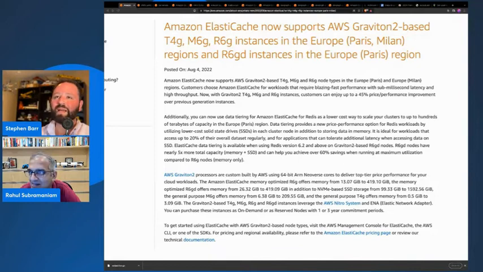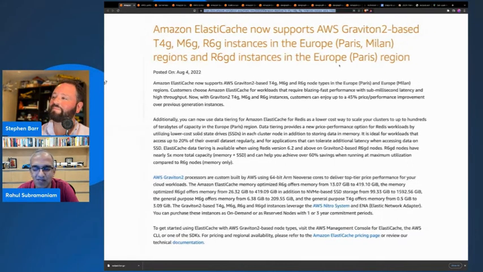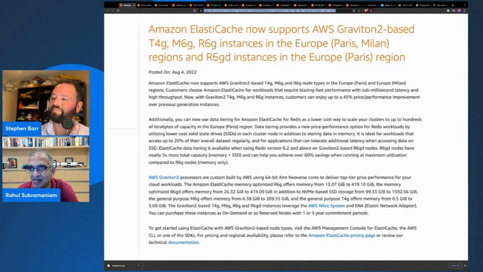The first one is Amazon ElastiCache now supports AWS Graviton2-based T4G, M6G, R6G instances in Europe and R6GD in the Europe Paris region. Yeah. So it looks like the Gravitons are everywhere. The way Amazon is pushing these Graviton chips, the deployments are at massive scale pretty much everywhere.